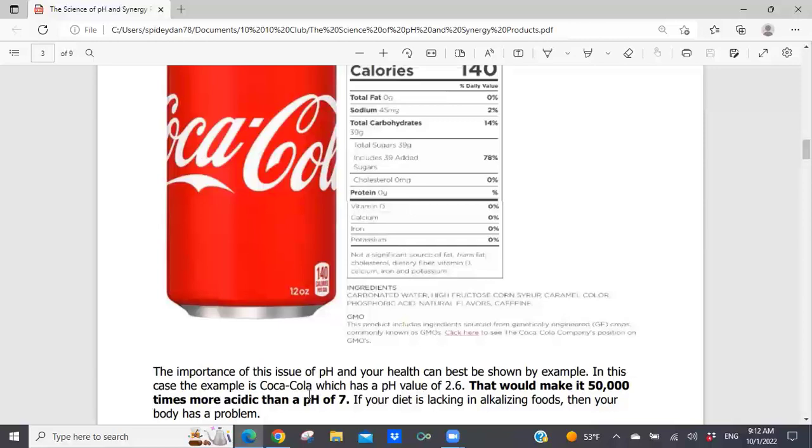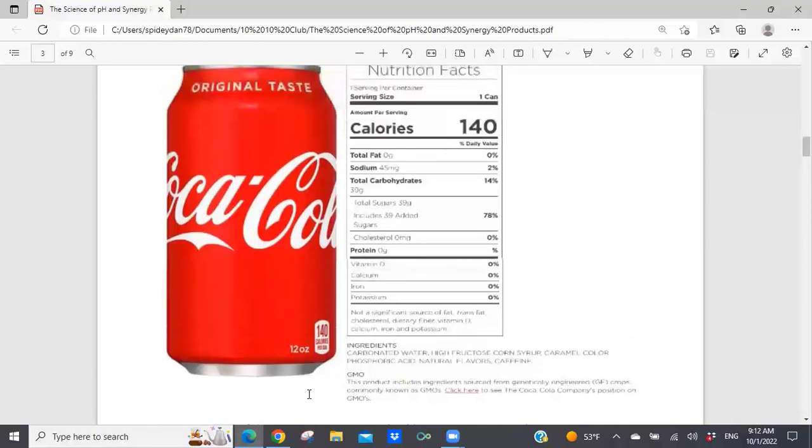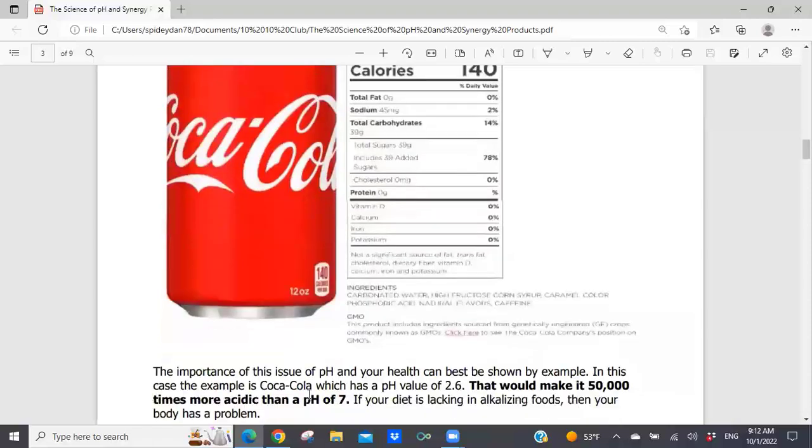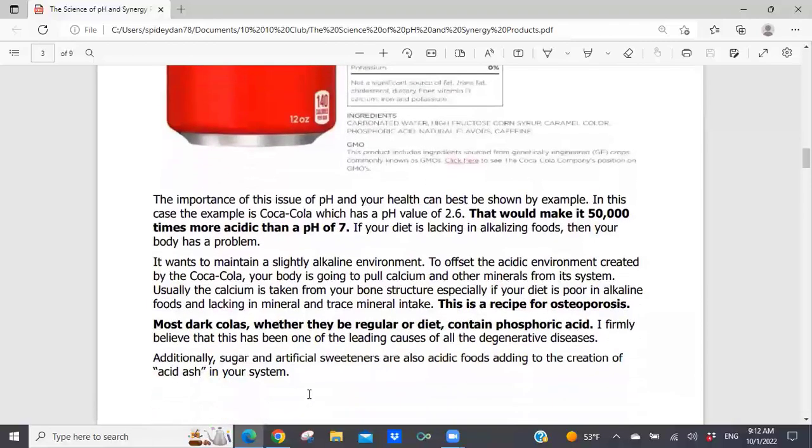How many times do they go to McDonald's and get the large Coca-Cola? And how many times do they refill that large Coca-Cola? Now, if we're looking at pH, and the pH of Coke is 2.6, that would make it about 50,000 times more acidic than a pH of 7.